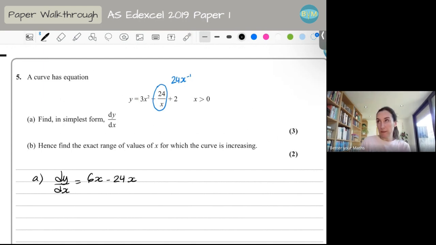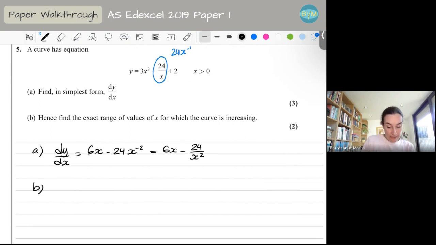So instead of minus 1, it's minus 1 minus 1, minus 2. Be careful with that. And when I differentiate a number, it's 0. So this is my derivative. It says in the simplest form, this is the simplest form. If you prefer to bring the x back to the denominator, that's fine. If not, that's fine as well.